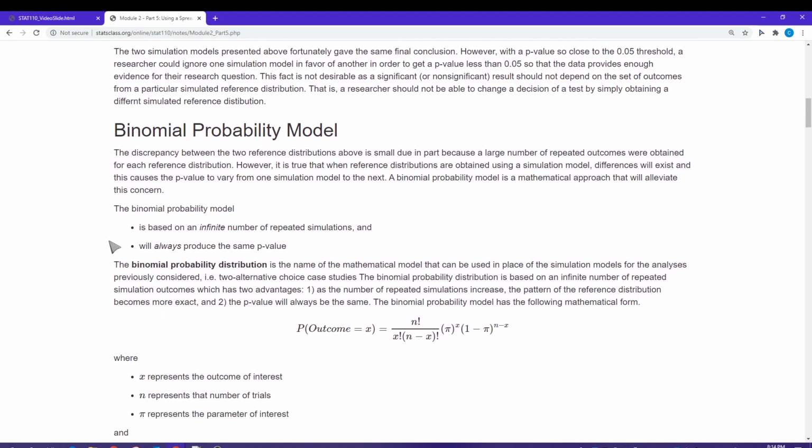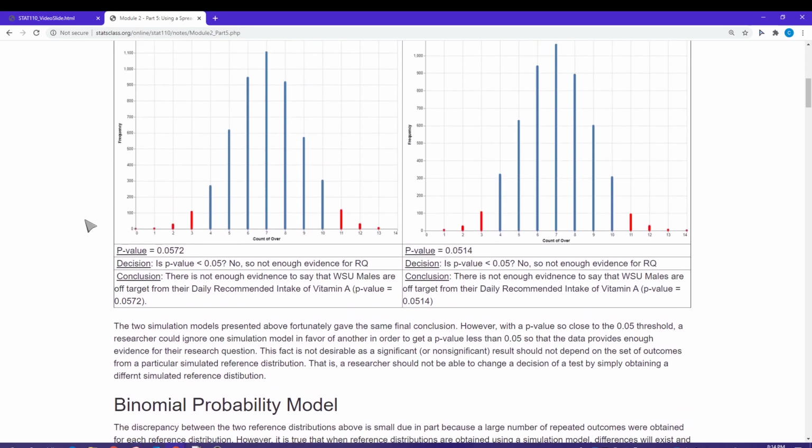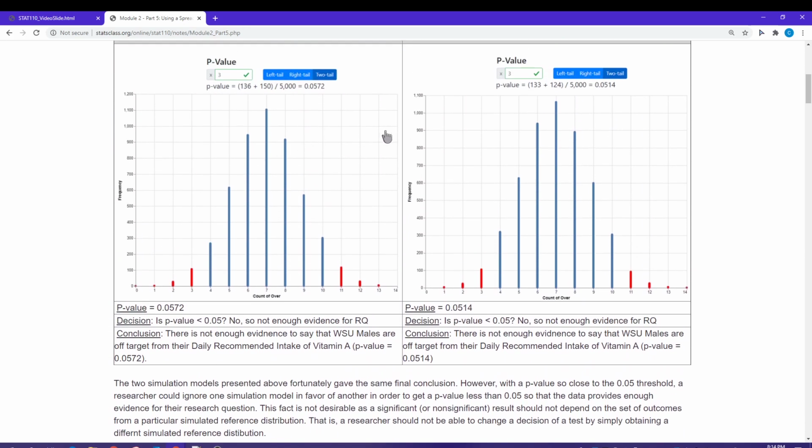So let me introduce the binomial probability model. The binomial probability model is going to prevent this from happening. Essentially, the binomial probability model is the stuff that we've been doing, except I'm going to let the number of statistics that I use on the graph, or the number of repeated outcomes, go on and on forever.